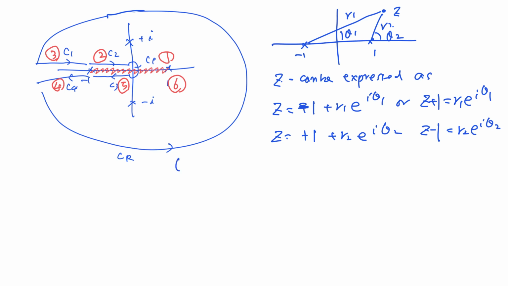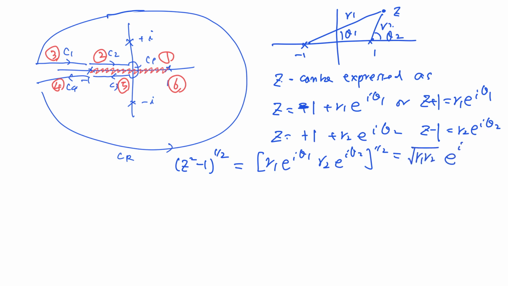So z squared minus 1 to the 1/2 is actually R1 exponential i theta 1 times R2 exponential i theta 2, to the 1/2, which is square root of R1 R2 exponential i 1/2 theta 1 plus theta 2.